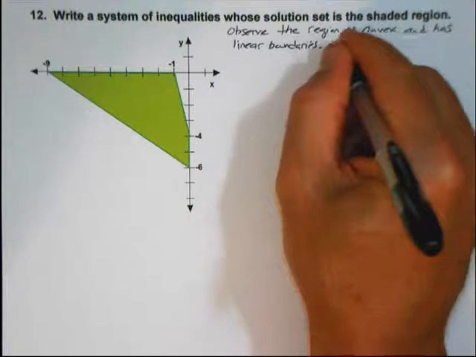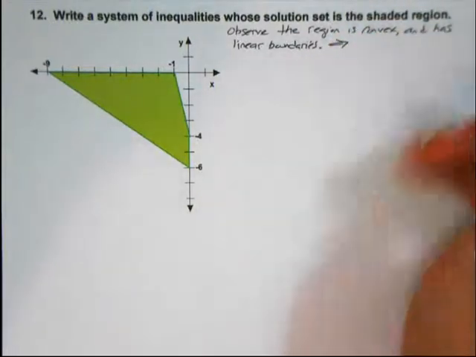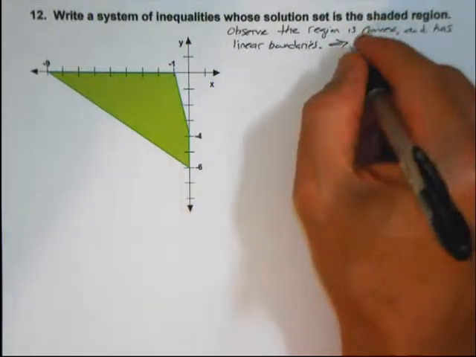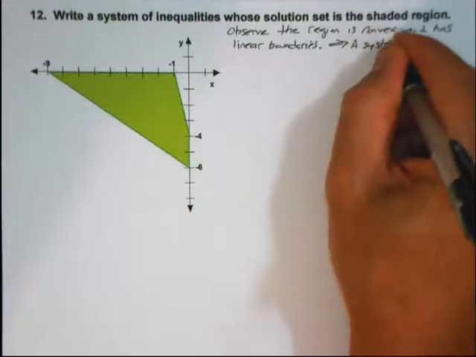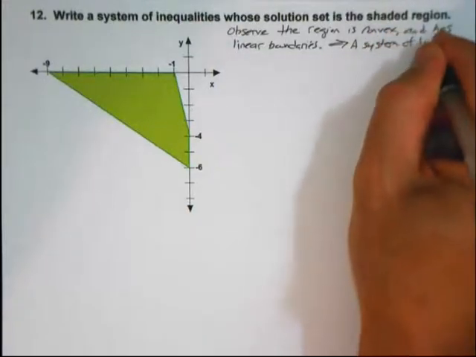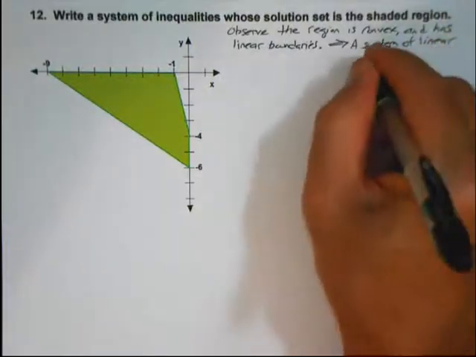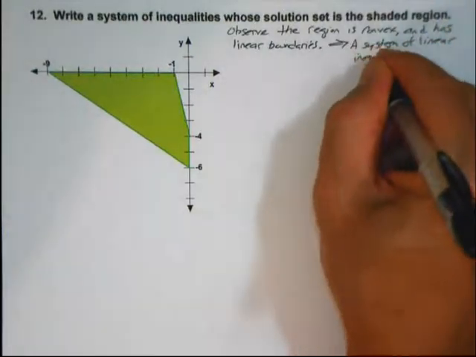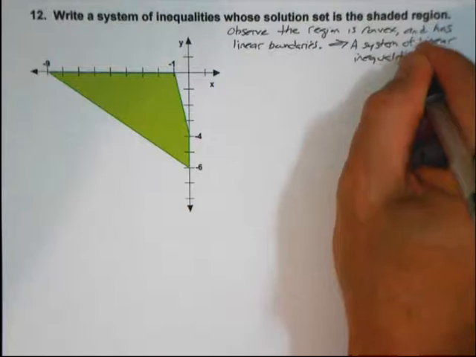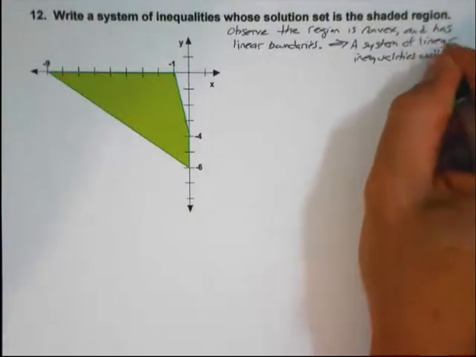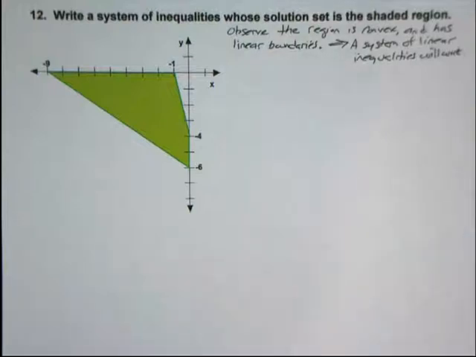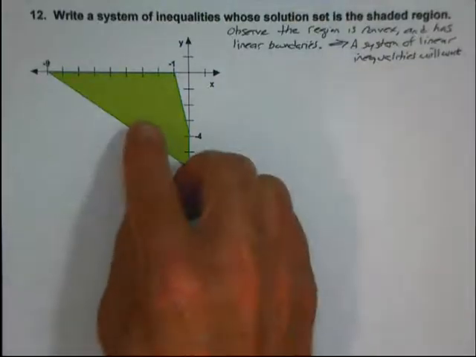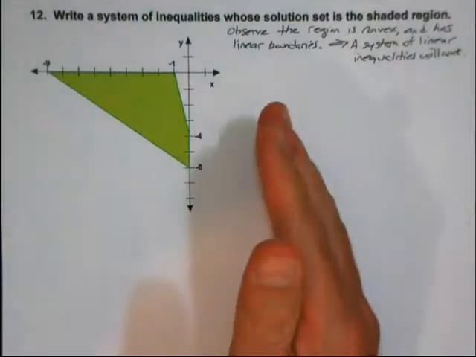This implies that a system of linear inequalities will work. So in other words, we imagine this as being the intersection of 4 half planes.